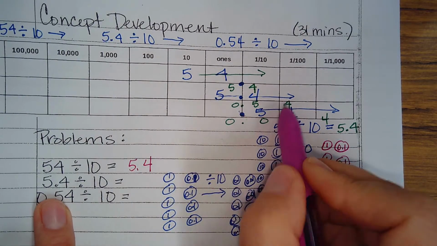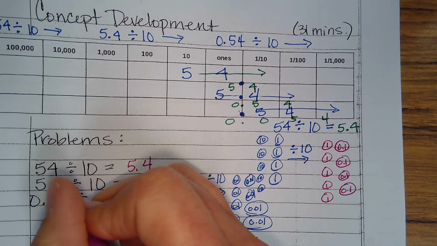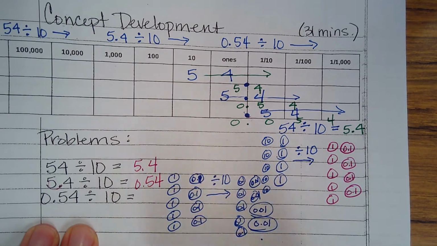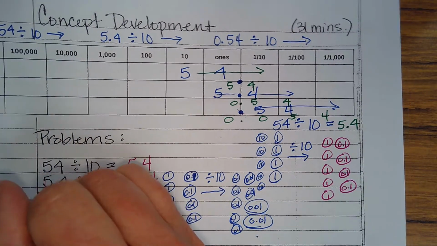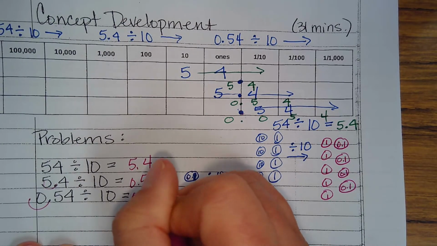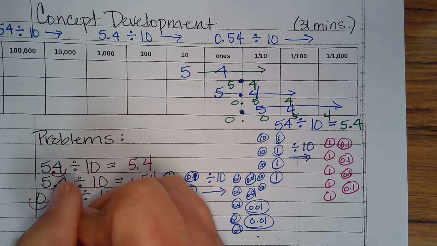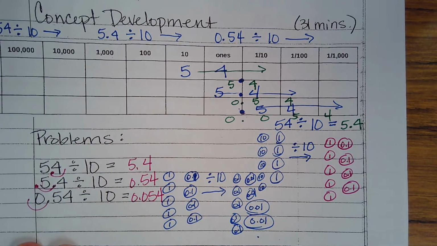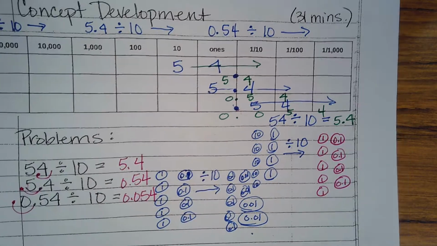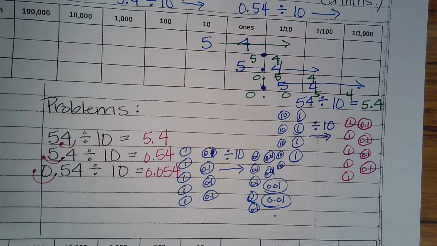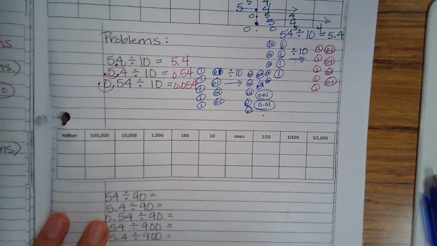And we know that this became what? 0.54, right? And then this one became 0.054, right? So we know the decimal moves, right? Going back to what we already know. Yes? Okay. Now let's go down. Let's keep going.